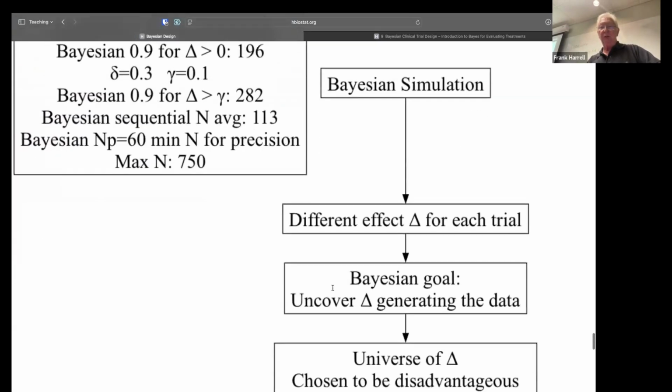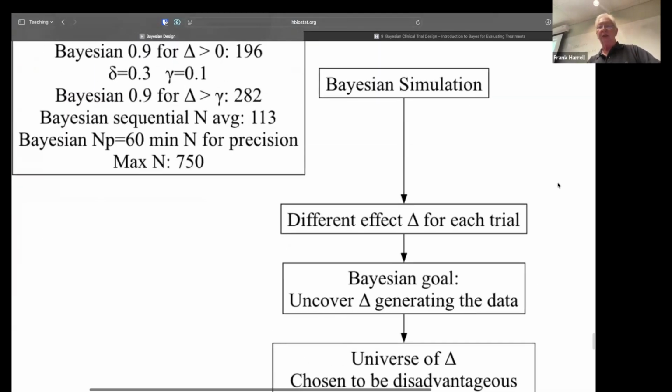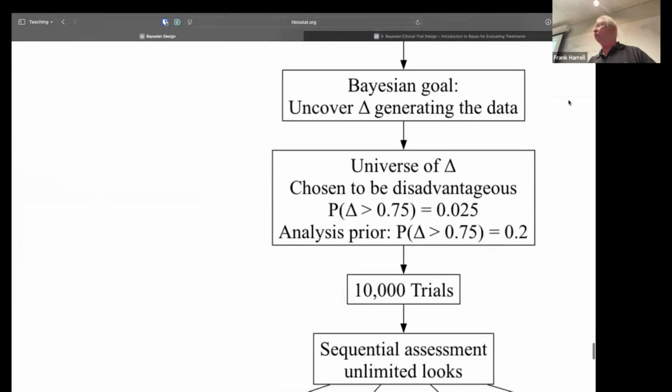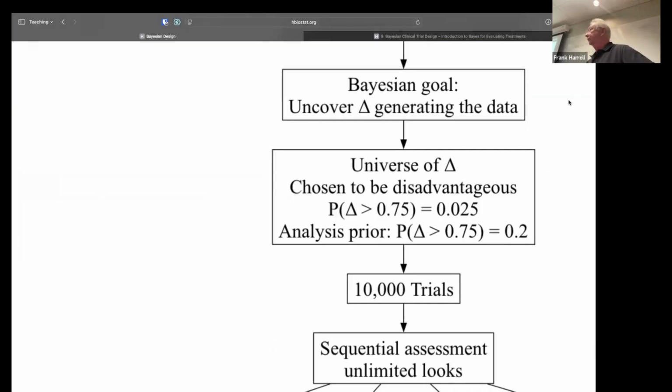So we run our Bayesian simulation, which means you're simulating a different effect delta for each trial. Our goal of Bayes is to uncover the hidden truth that generated the data. Our goal of Bayes is not to say if delta were something, we have just been surprised by our data. Bayes couldn't care less about that. So when you're doing your simulation, you have to have a universe of delta to simulate from.